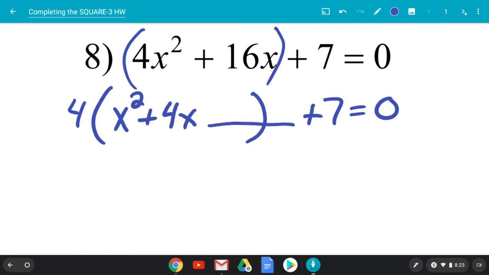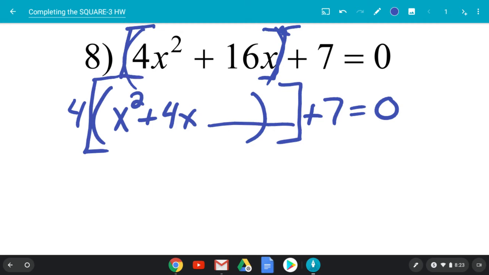Cool? Now, that bracket is right there. Do you see it? It's right there because, well, it's right here. That bracket.